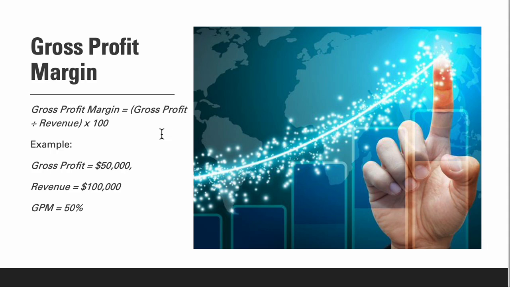For example, if a company has a gross profit of $50,000 and a total revenue of $1 lakh, the gross profit margin would be 50,000 upon 1 lakh multiplied by 100, that is 50%. This means for every dollar of revenue, 50 cents is gross profit.